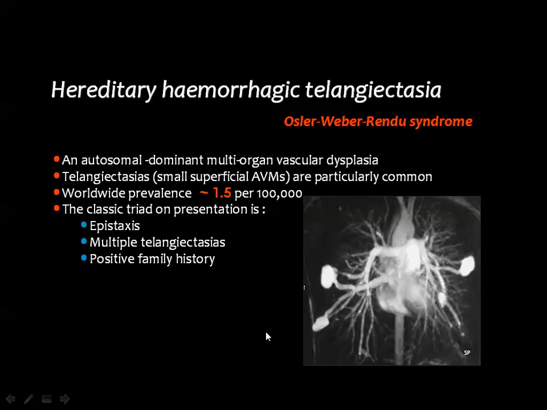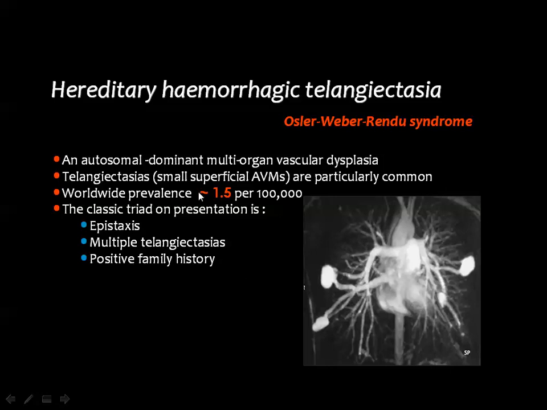I have said that if you are dealing with multiple pulmonary arteriovenous malformations, then you should think of this syndrome, Osler-Weber-Rendu syndrome, which is an autosomal dominant multi-organ vascular dysplasia associated with telangiectasia of the small vessels, leading to small, maybe cutaneous arteriovenous malformations.